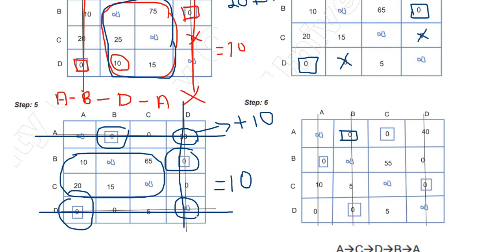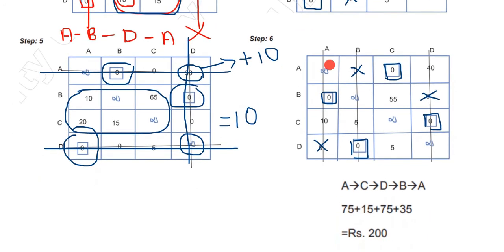Therefore, I will make sure to take the maximum number of sides. I will take C and cross over the other zeros coming row wise and column wise. The same way in B, I'll cross over other zeros. In C, I have already crossed over the other one, so I'll keep it as it is. And in D as well.